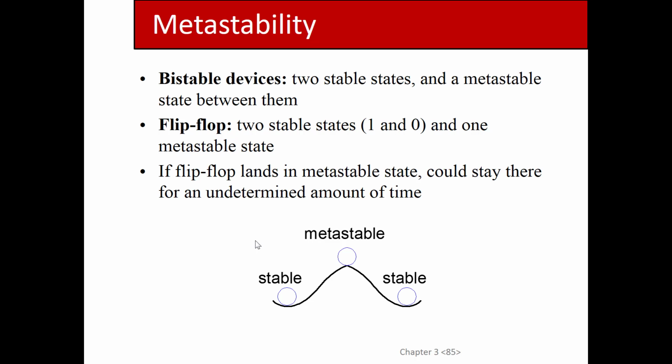It depends on several factors, one of which is where inside the aperture the user hit that button: at the beginning, at the end, or somewhere in the middle. Also, it depends on the technology, the propagation delay of the gates and the gain of the transistors that make up the gates inside the latch.